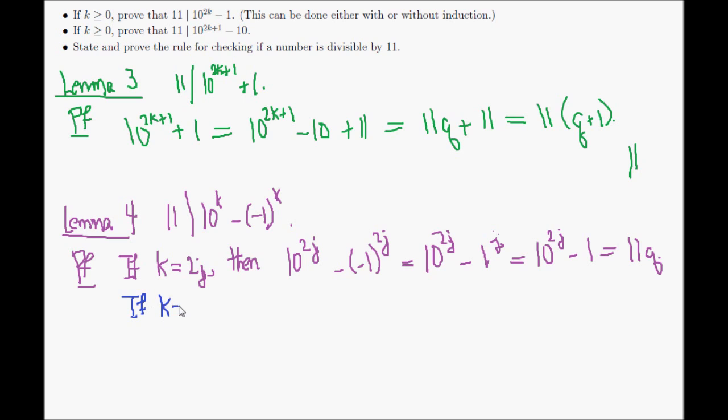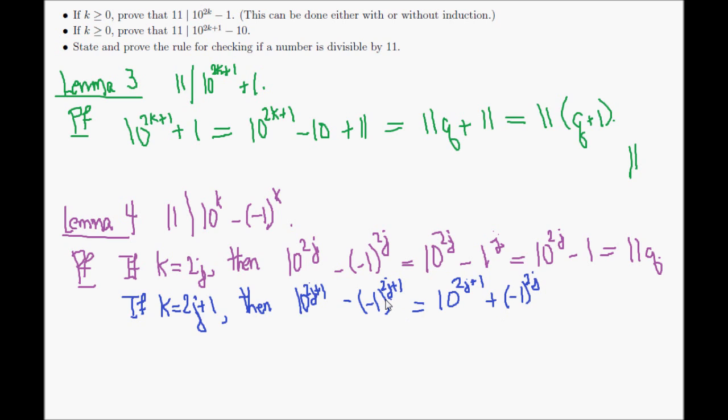If k is equal to 2j plus 1, it's odd. Then 10 to the 2j plus 1 minus negative 1 to the 2j plus 1. Okay, you should convince yourself that the second term is the same thing as plus negative 1 to the 2j.